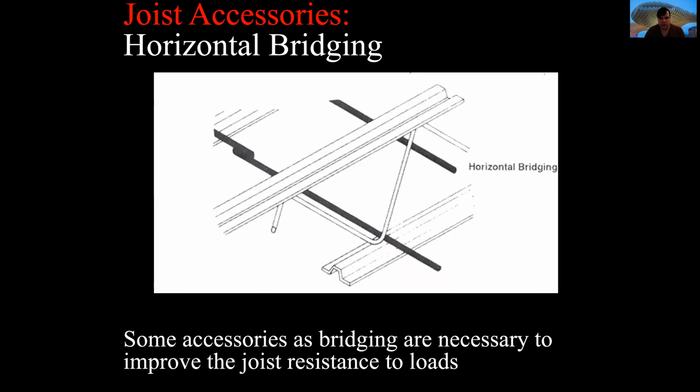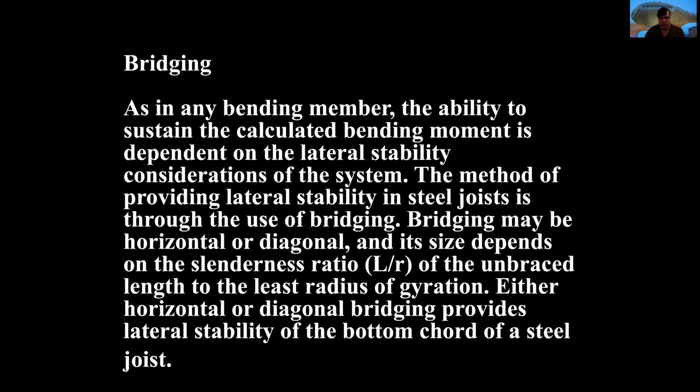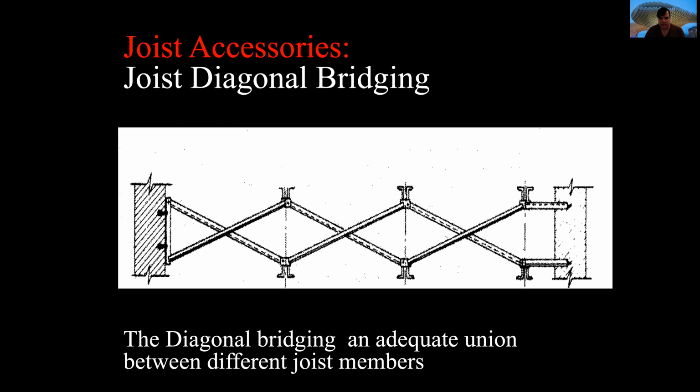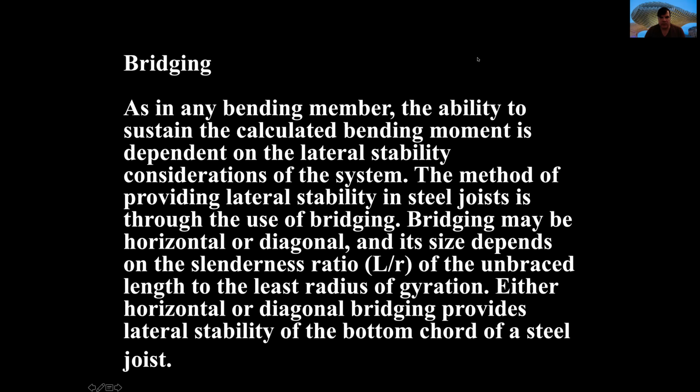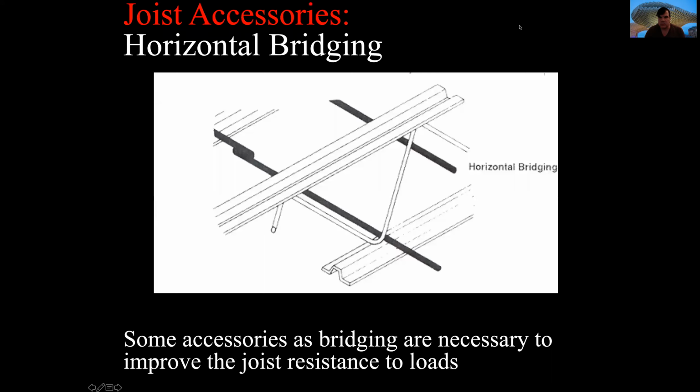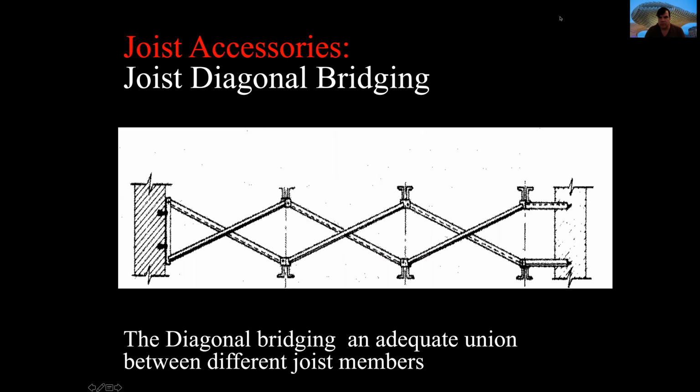It's very important to understand how bridging will make this material more resistant to the loads. Bridging gives these members some lateral stability, as I explained before, and will depend on the slenderness ratio. The bridging not necessarily will be uniform, like horizontal, from top member to bottom member.